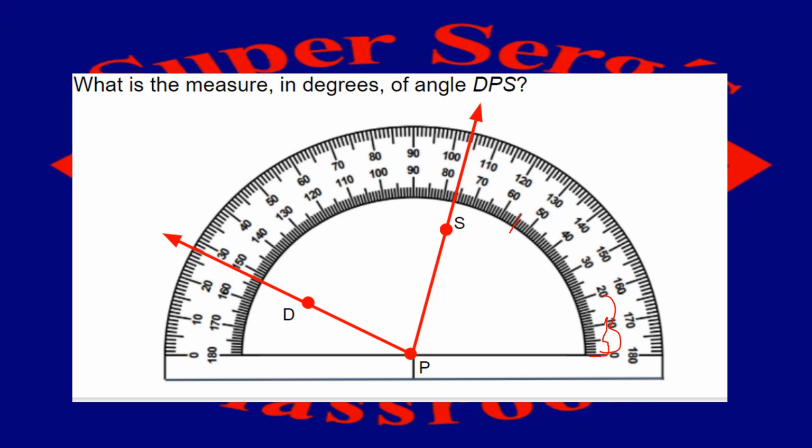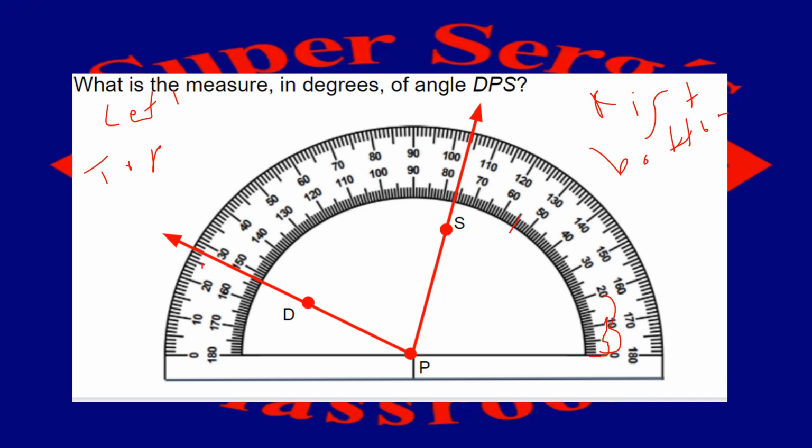But if it's not exactly on the segment, like I said before, if we're measuring from the left, we start at the top number, and if we're measuring from the right, we start at the bottom number. This one is facing left, so I'm going to start from the top over here. I see that 20 is here, and the middle between 20 and 30 is 25.